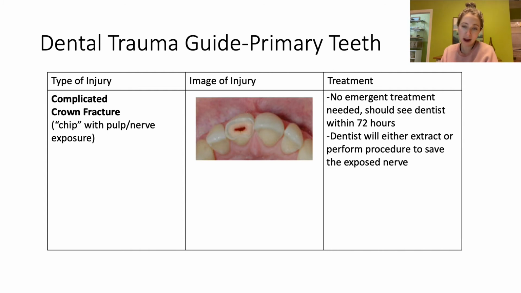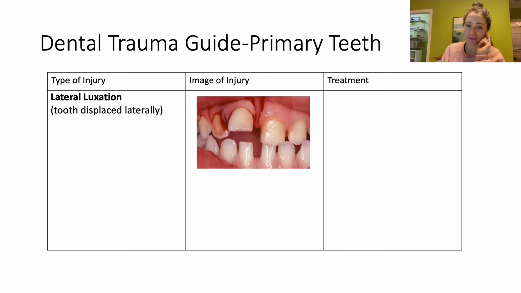Dentists will either extract or perform a procedure to save the exposed nerve. I'm going to tell you now, if this happens to your very sweet 18-month-old, typically the best treatment is just to take it out, because in order to do the alternative treatment, it typically would require general anesthesia, which for a baby tooth, usually my thought is not worth it.